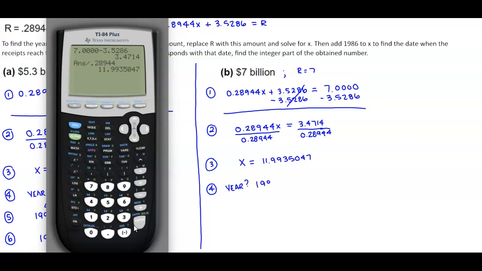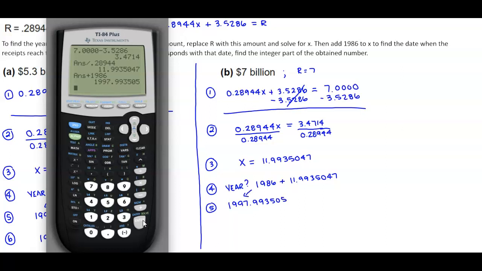So to find that year, we need to take 1986 and then add 11.9935047. So let's add 1986 to that. And so we get 1997.993505.